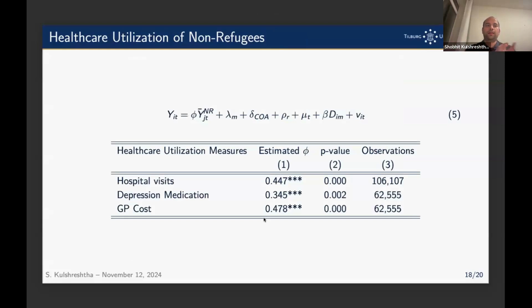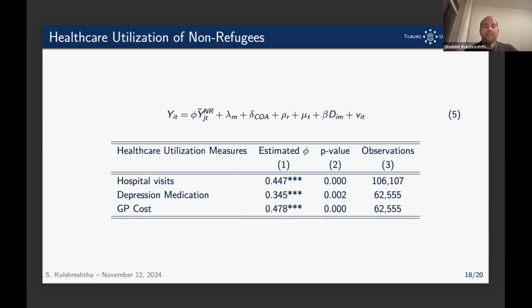To go from correlation to causal, as I've already shown you, healthcare utilization among non-refugees was not able to explain the assignment. So I can estimate the healthcare utilization of refugees and regress it on the average healthcare utilization of non-refugees for the same outcome variable, obviously controlling for the same controls as before.